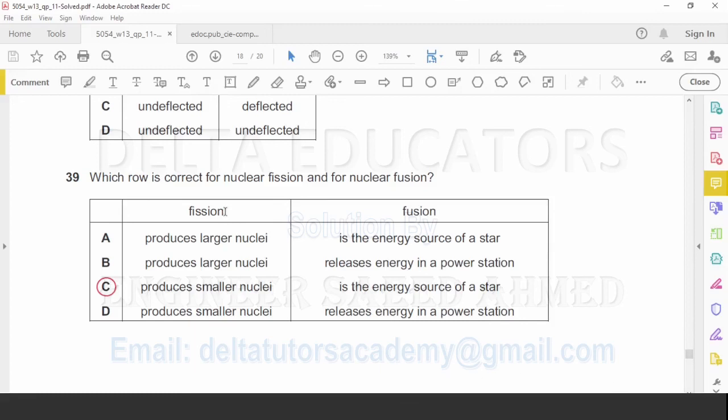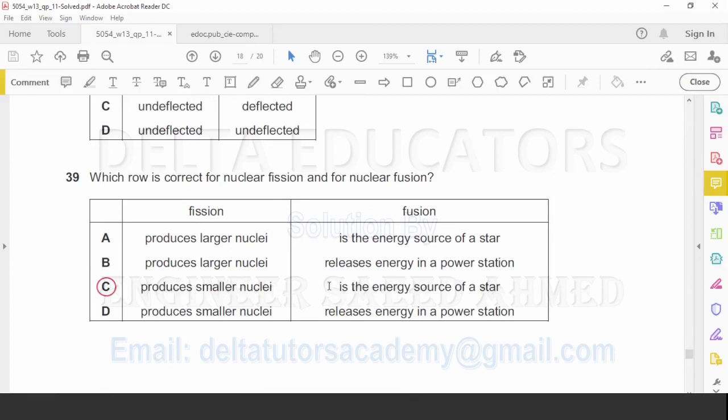In fission, for option A and B, it is given produces larger nuclei. So these option A and B are incorrect because in fission, a bigger nucleus is divided into smaller nuclei. That is given here in option C and D. Produces smaller nuclei. So possible options are C and D.